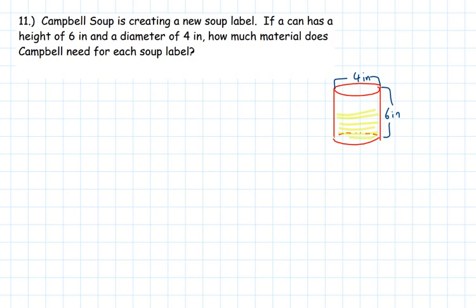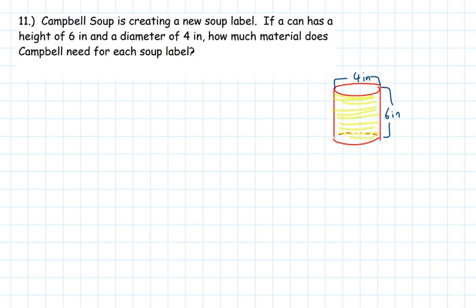We're not talking about the top or the bottom. Here we're looking for material, so we're looking for the surface area of just the outside. We're not looking for volume, how much beans it holds.